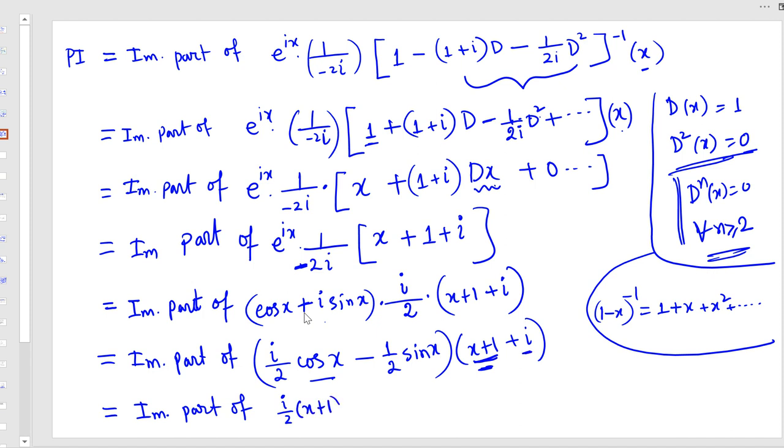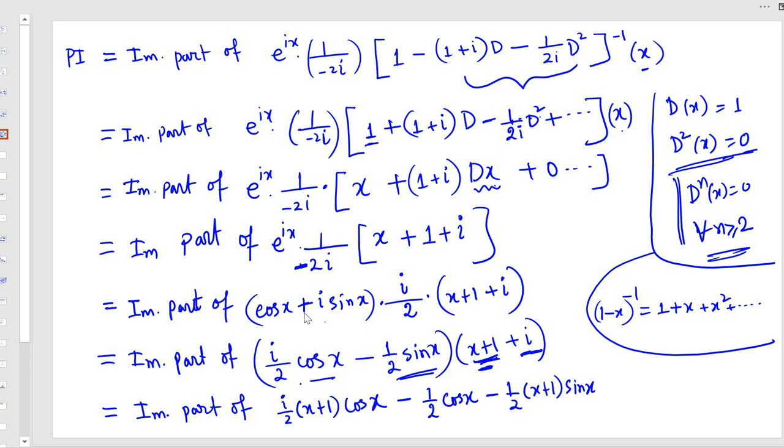So x plus 1 into cosine x, then multiplied by this, so minus 1 by 2 cosine x. Similarly, this multiplied by this, so minus half x plus 1 into sine of x.